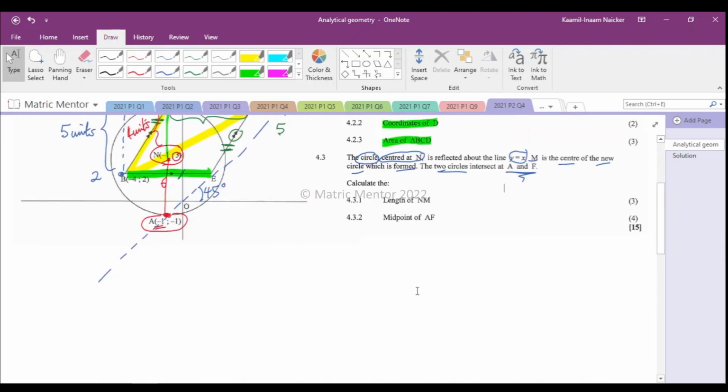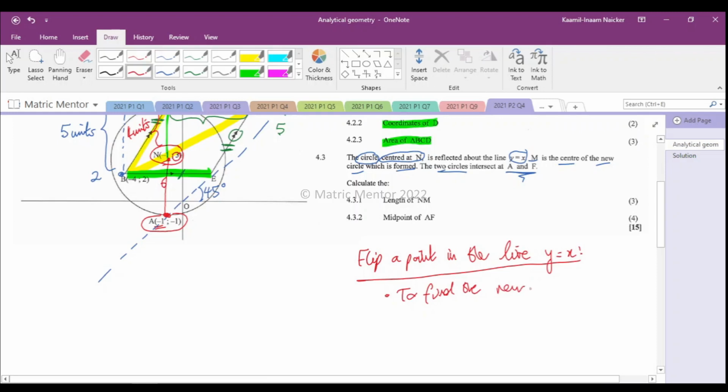But there is one thing I would like you to know, okay? And you can make a note of this. When you flip a point in the line y = x, okay? If you flip any point in that line, then to find the new reflected point, simply swap the x and y values.